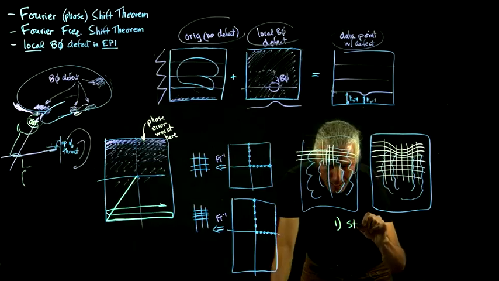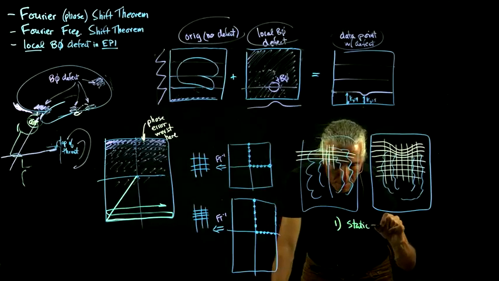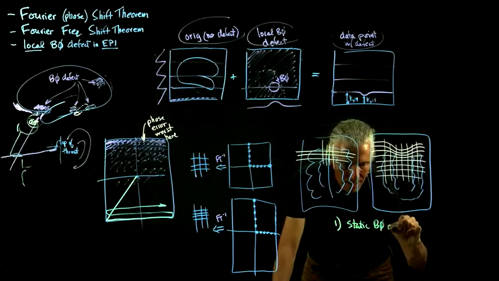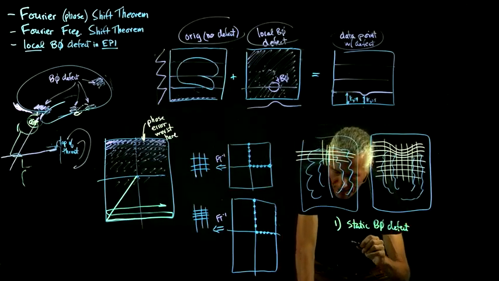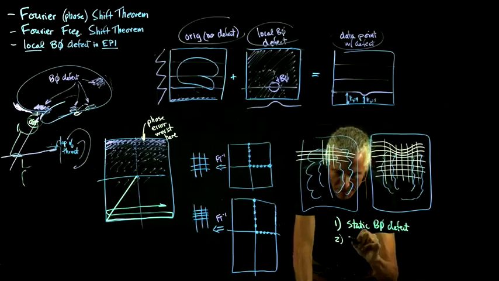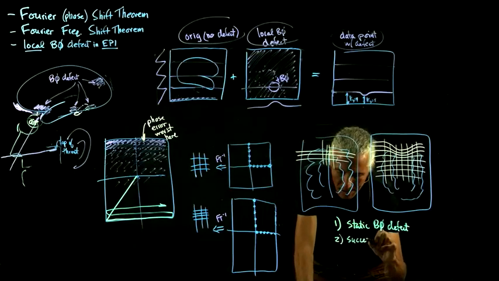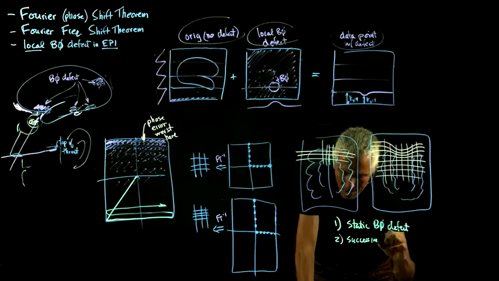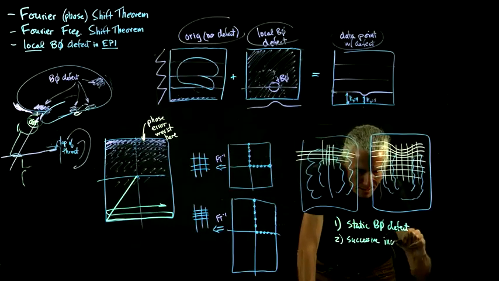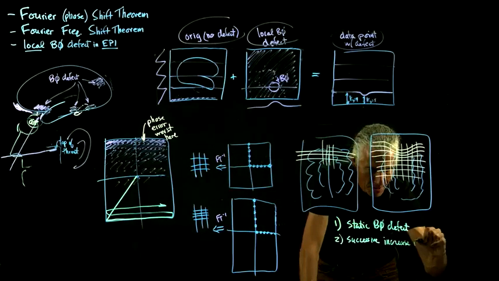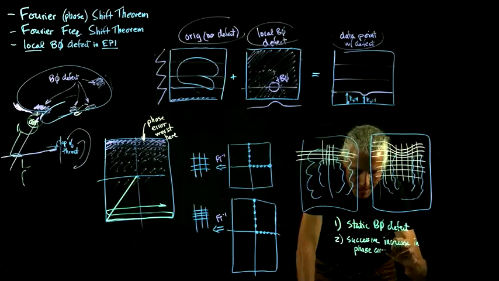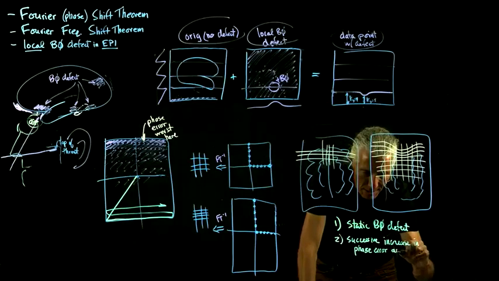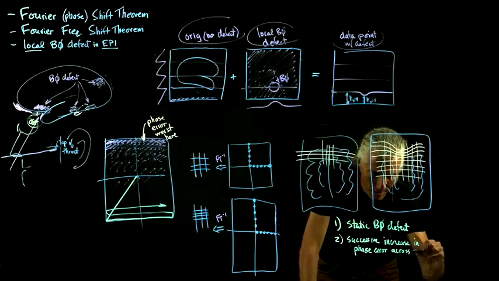So you have a static B0 defect. And then we have successive increases in phase error across k-space.